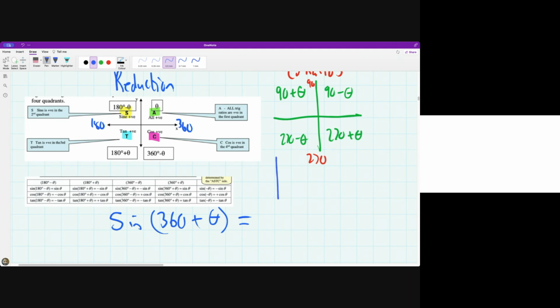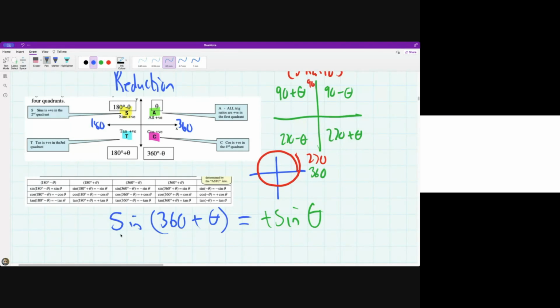What quadrant am I going to be in if I'm 360 plus theta? Well, 360 plus theta is actually back in quadrant 1, and the nearest horizontal axis is going to be here. So this is going to be plus sine theta.